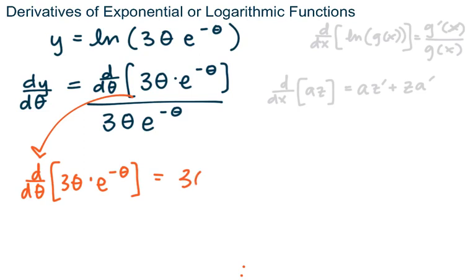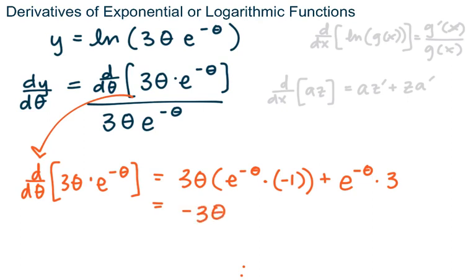First, 3 theta times the derivative of the last, e to the negative theta, then times the derivative of the inside, so that would be times -1, plus the last, e to the negative theta, times the derivative of the first, and the derivative of 3 theta is 3. So this is -3 theta e to the negative theta plus 3 e to the negative theta.